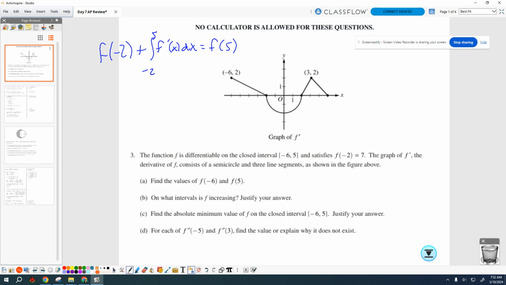I did geometrically again. Yep. So we already have the triangle, and then the semicircle is pi r squared divided by 2, which was 2 pi. So subtract 2 pi. And then 3 plus 3 for the triangle. 3 by 2, so that's a 3 for the triangle. So we got 14 minus 2 pi.